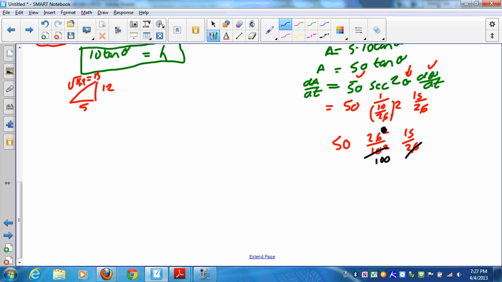That's equal to 100. 150. That goes 1, that goes to 2. So on top we have 26 times 15 and 2 on the bottom, right? 2 and 26, that'll take this down to 13 and take this down to 1. So we have 1 times 13 times 15.